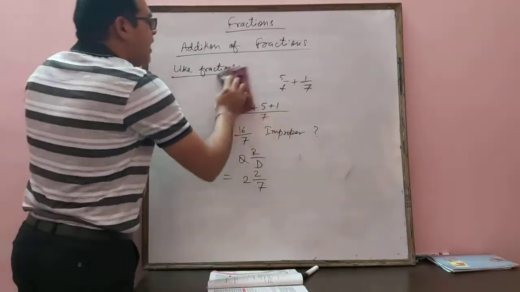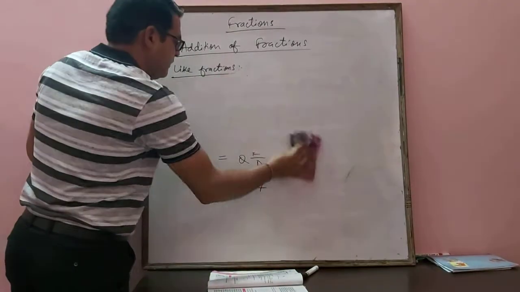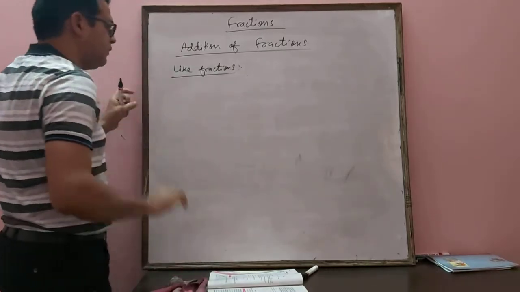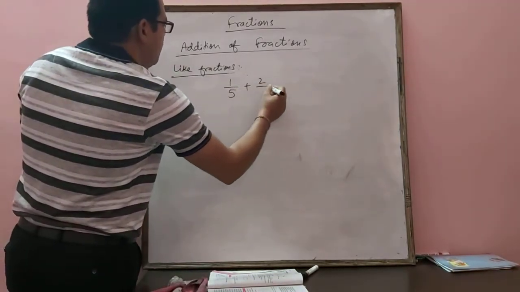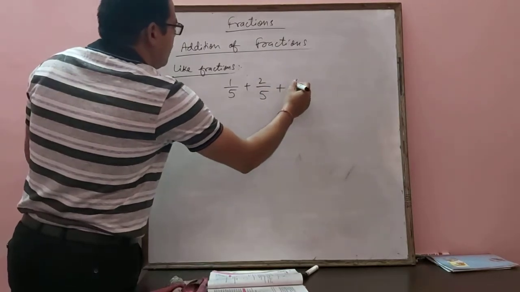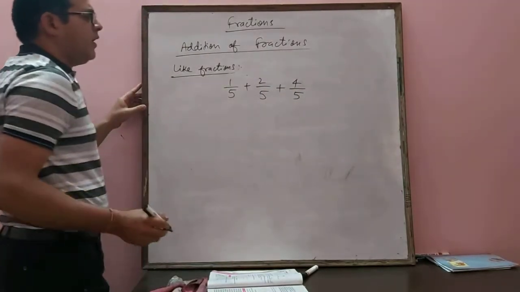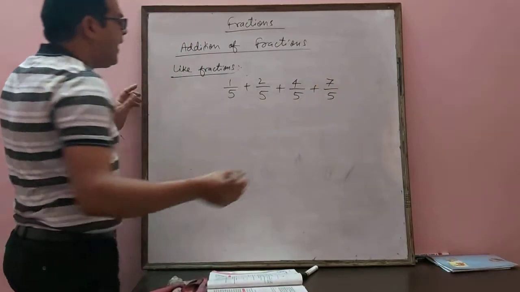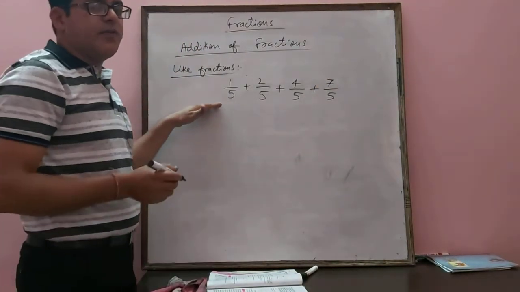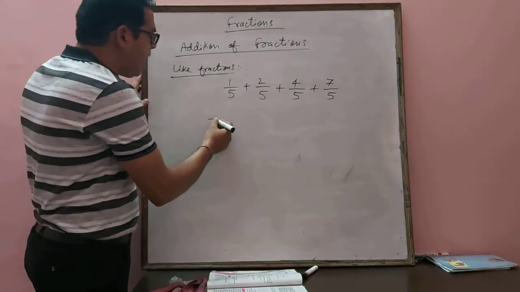One more example I am taking here. 1 upon 5 plus 2 upon 5 plus 4 upon 5, and one more I am taking here, 7 upon 5. Again, these are like fractions, right? How can we add all these?